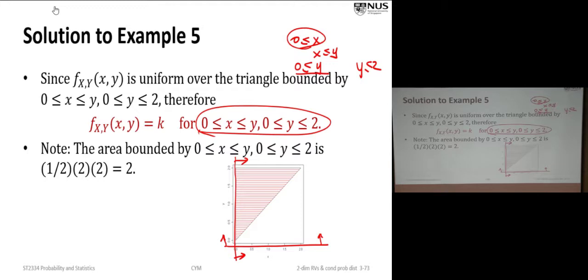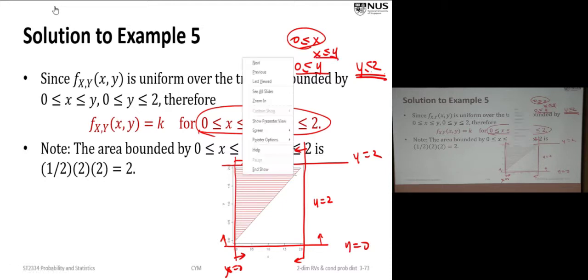So the intersection of this already means this quadrant. Next, y less than 2. So you look at the line y equal to 2. Y less than 2 means that you're looking at this region.